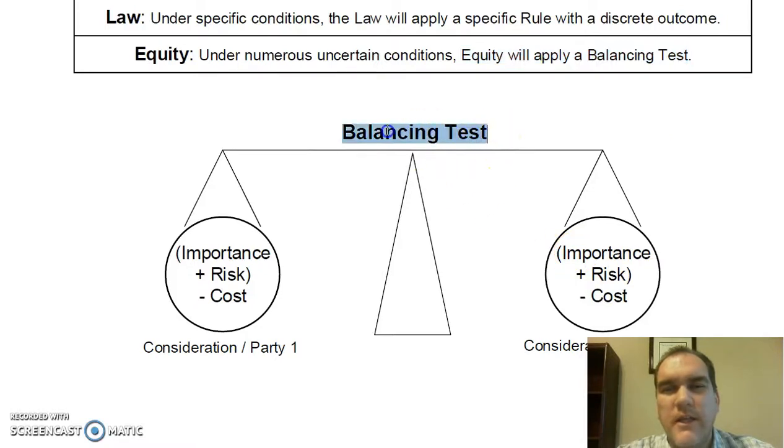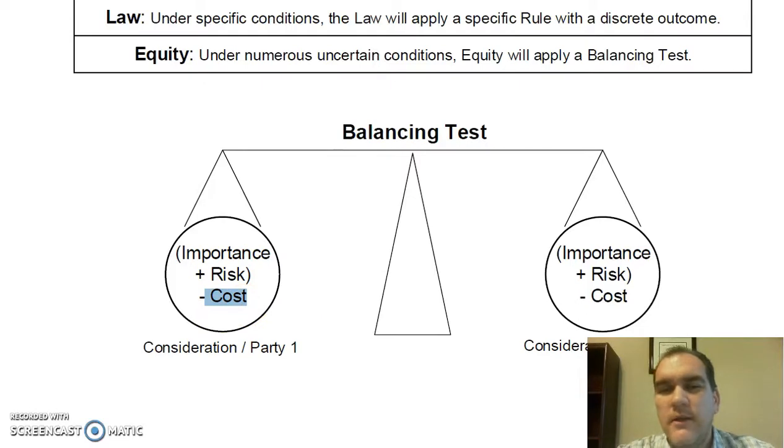Under an equitable balancing test, the first party's situation will be weighed. That is, for example, the importance of the situation for the first party, the risk undertaken by the first party, the cost incurred by the first party, or perhaps the profits received, the benefits received, the cost may sum in or subtract out.